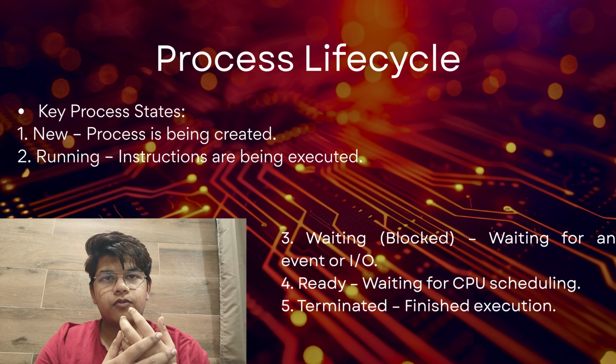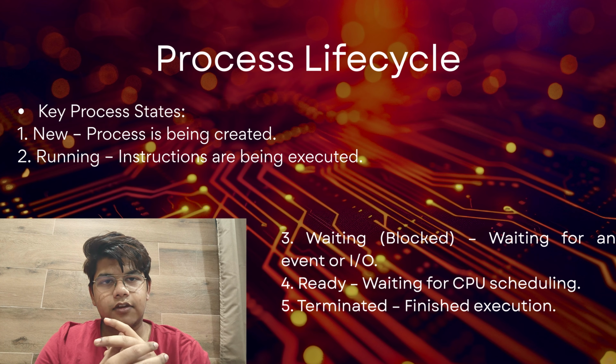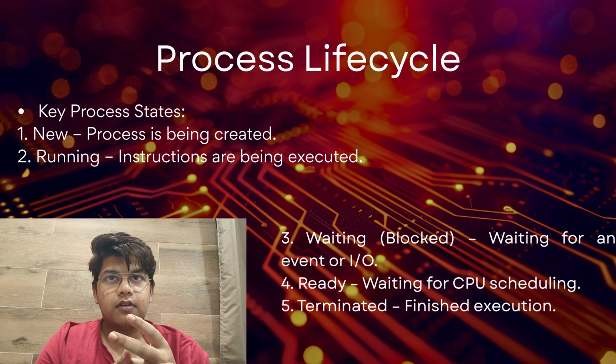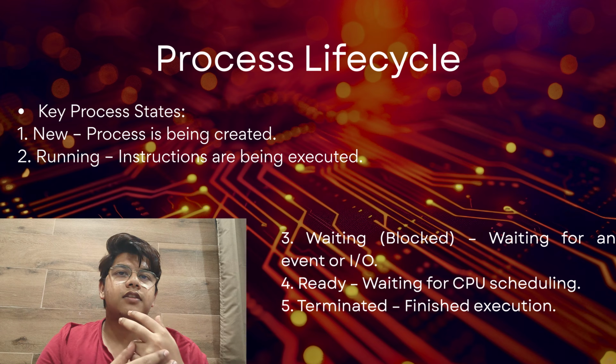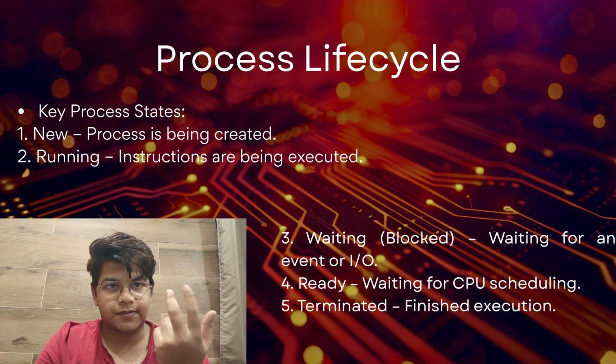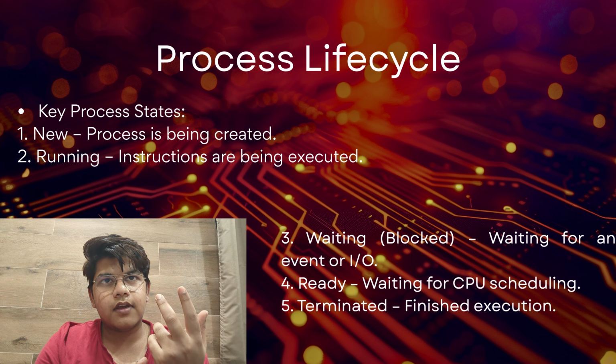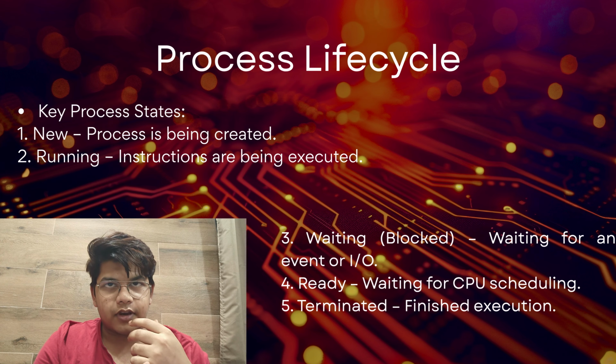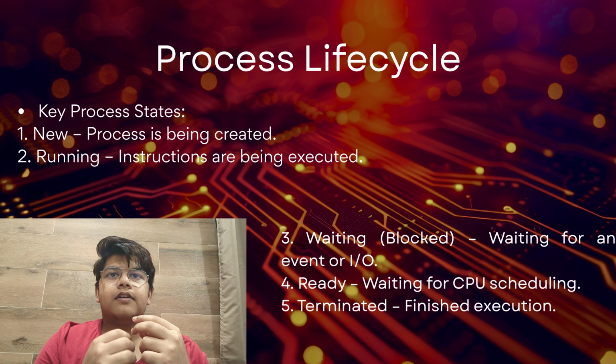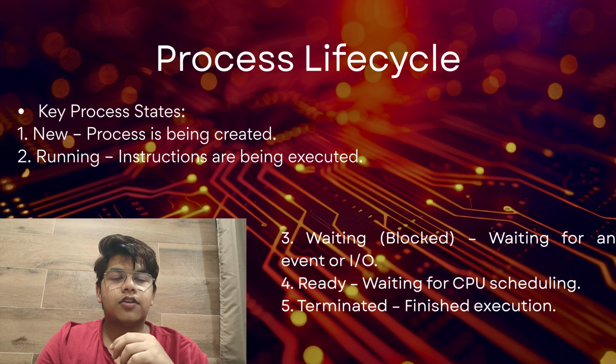Processes move through a life cycle. They don't just appear or disappear. There are a few standard states that you should know about in the process life cycle. First, new: the process is being created and resources are being allocated. Second, running: the process is currently executing instructions on the CPU.